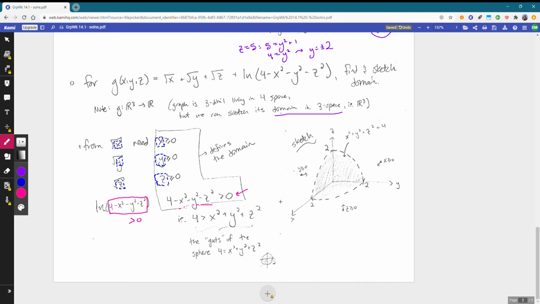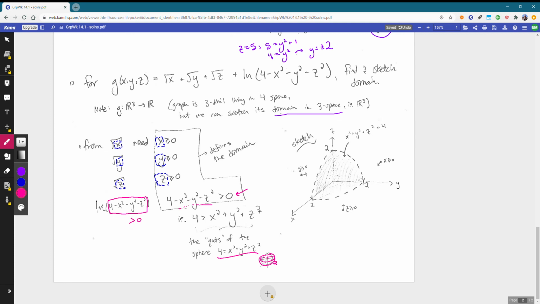Here to get a sense of what this is, imagine this inequality was actually an equality. Well, this would be giving us a sphere centered at the origin of radius 2. And that would be the outer shell of the sphere.